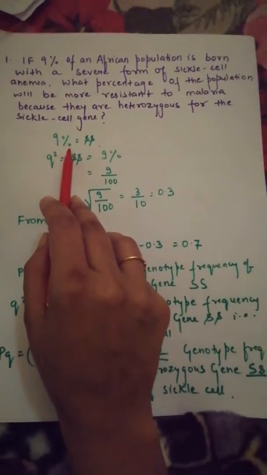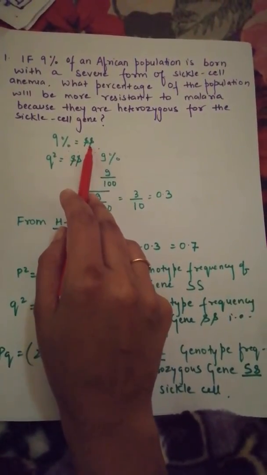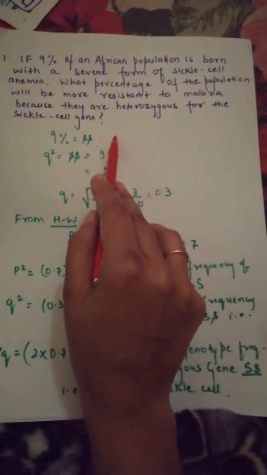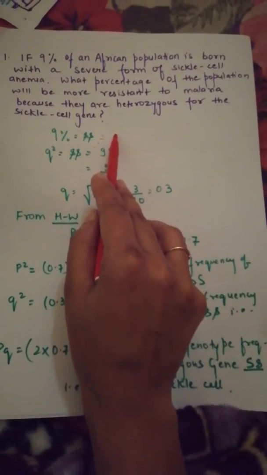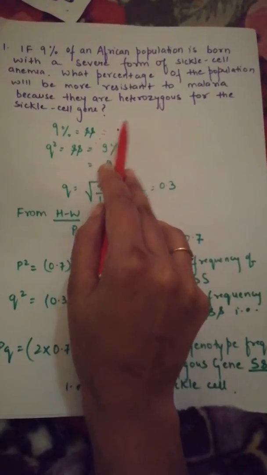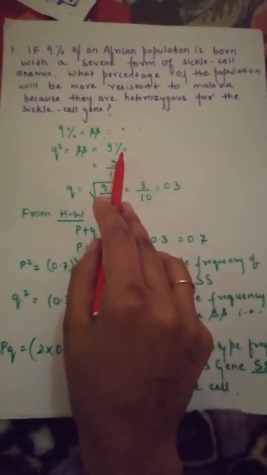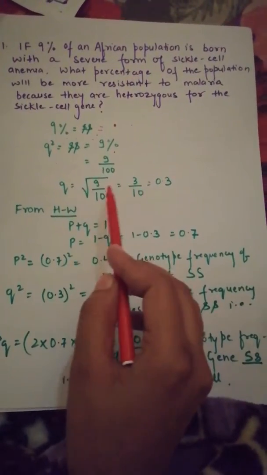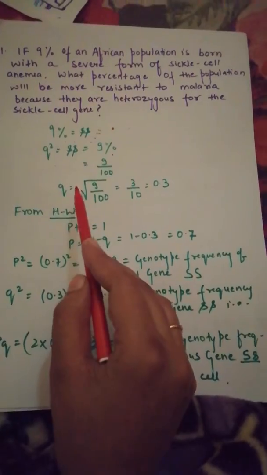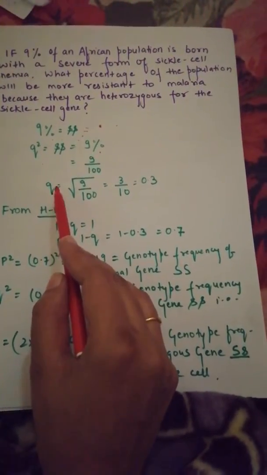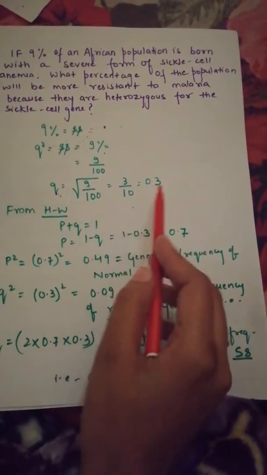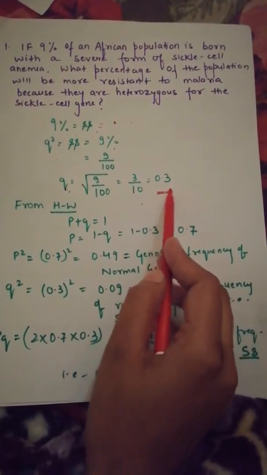So 9% is equal to small s, meaning the frequency of the recessive genotype. Then q squared is equal to 9%. Then q is equal to the square root of 9 upon 100. And what is q? q is the frequency of the recessive allele, equal to 3 upon 10, which is 0.3.